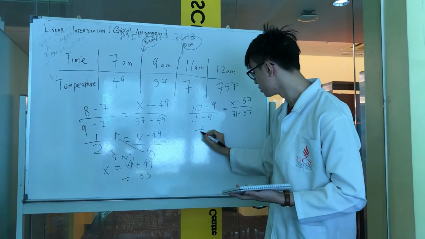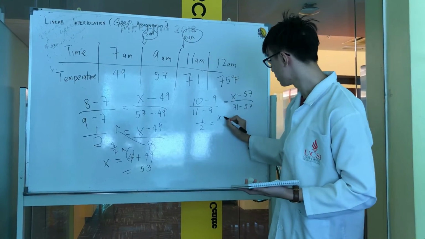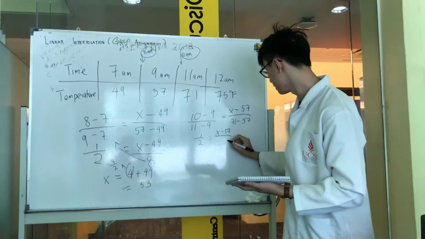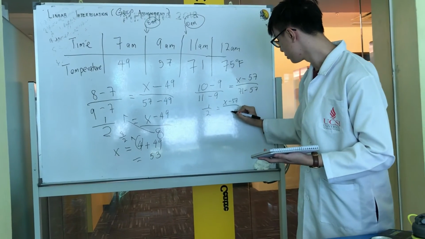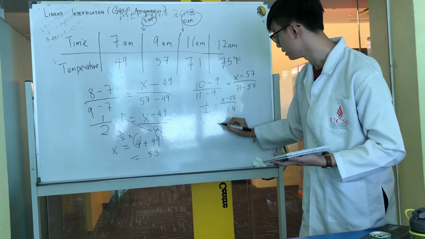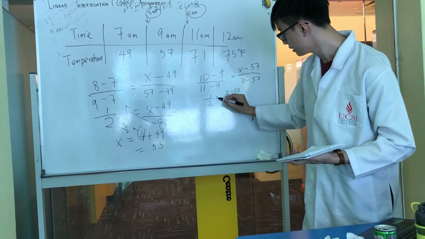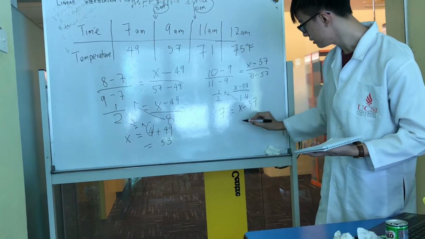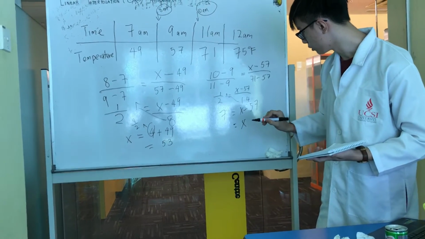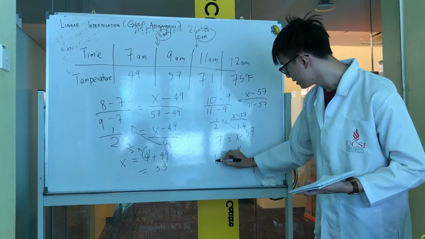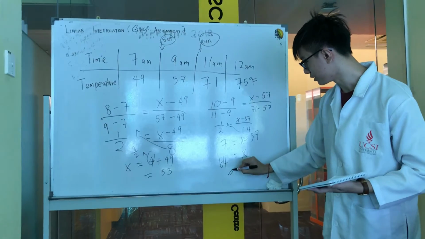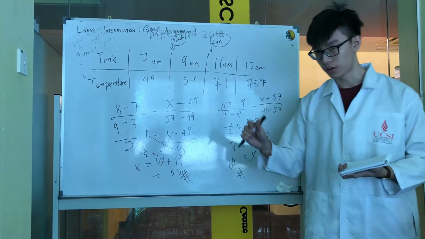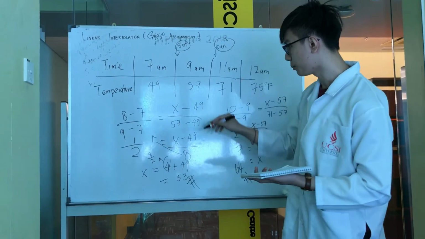So 1 over 2, x minus 57 will be 1, so shifted it will be 7. x minus 7 plus 57, our x will be 64. Okay, 64 degrees. But this is what we get from the interpolation.